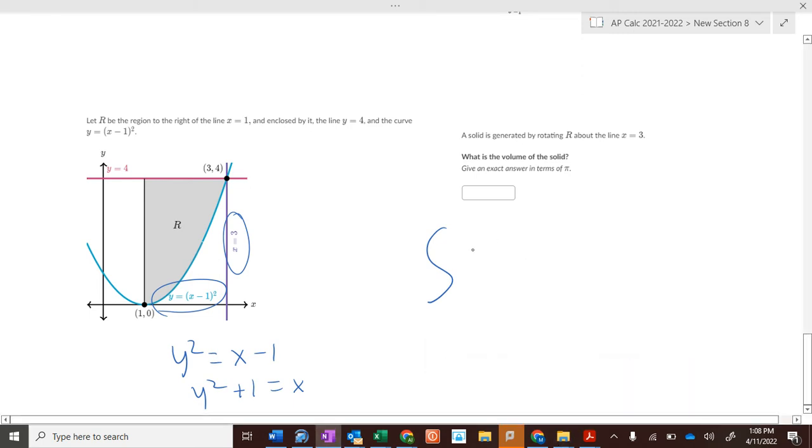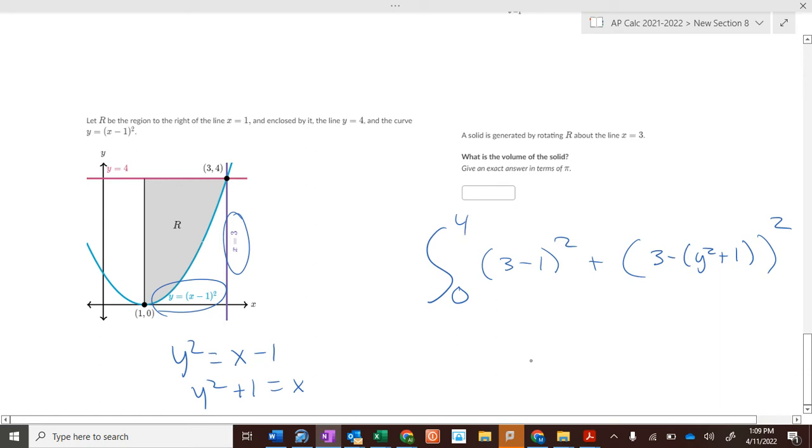So it'd be the furthest away from that, which is, this is 2y, so 3 minus 1 squared plus, how far away from there? 3 minus y squared plus 1 squared from 0 to 4.